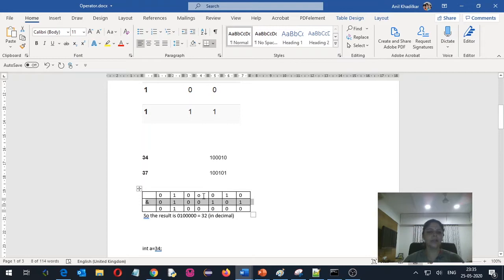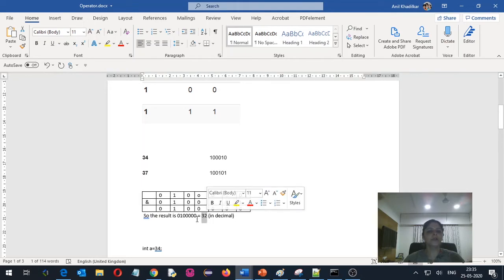So wherever 0 is there, we are getting answer 0, and wherever both the values are 1, we are getting answer as 1.